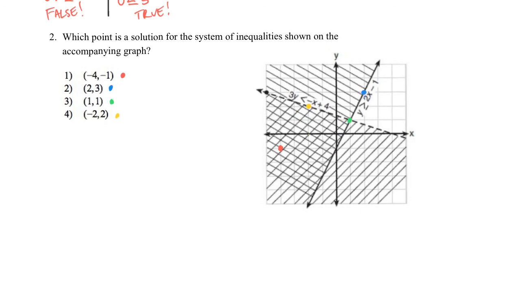These 2 points are on the solid line, so they are solutions for the solid line, but they're not solutions to the dotted line. So the only one that's definitely in the solution area is this first one. So choice 1 is going to be our correct answer. That's that.